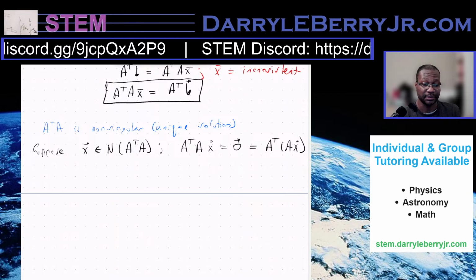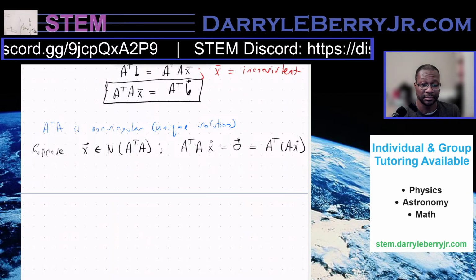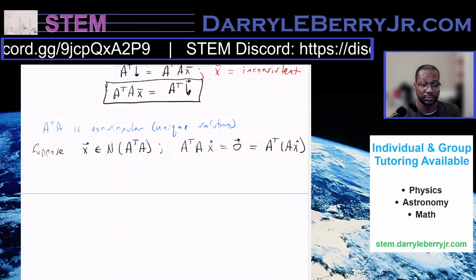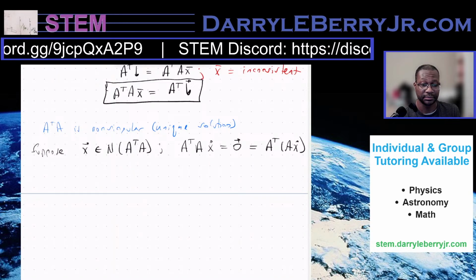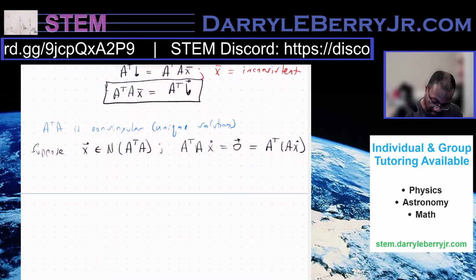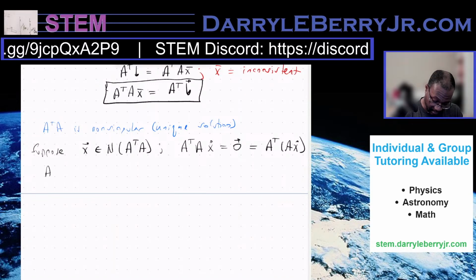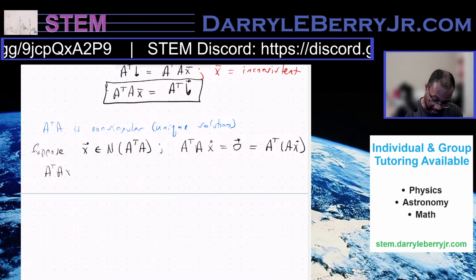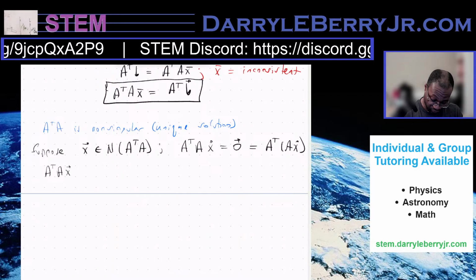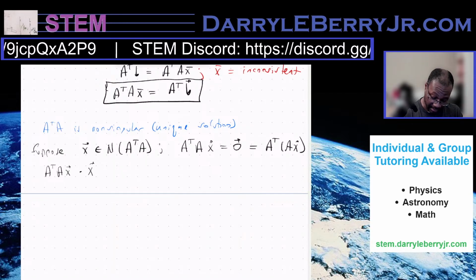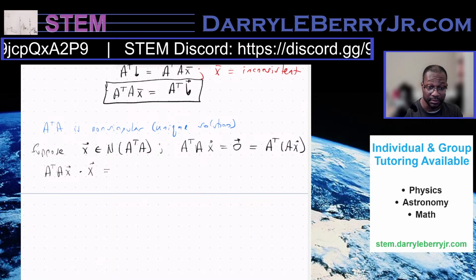So dotting with X, we get A^T A X dot X equals.